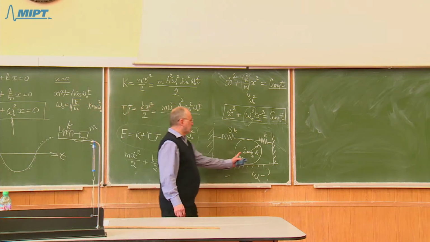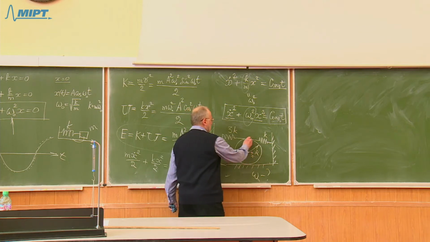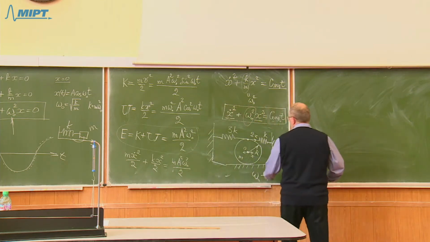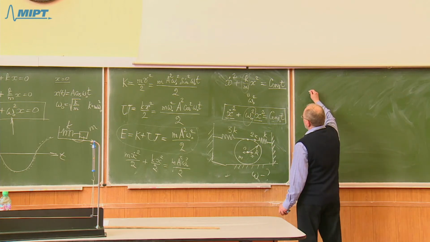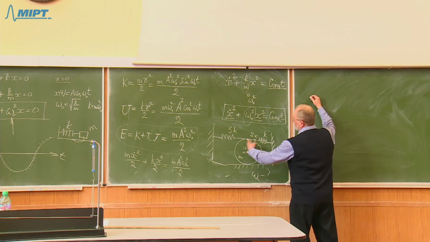So if this point was displaced by some small distance x, then this point is displaced by 2x. And therefore, one spring will be deformed by 2x and another spring also by 2x.